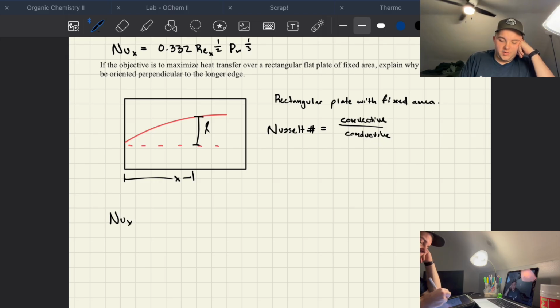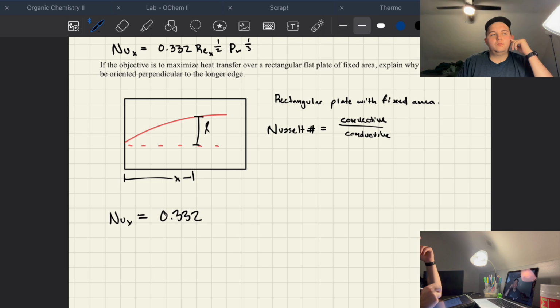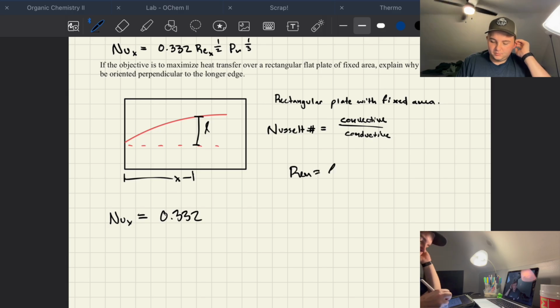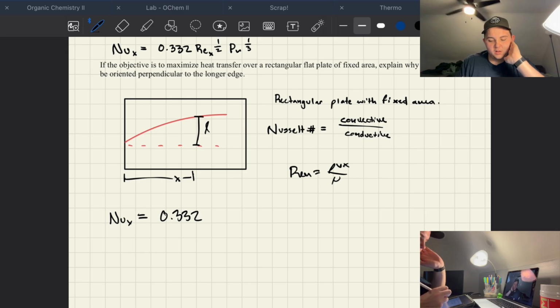So let's start with our Reynolds number. We'll have 0.332, which is a constant that was observed through experimentation, so we don't have to worry about that. But our Reynolds number is equal to rho Vx over viscosity, or mu.